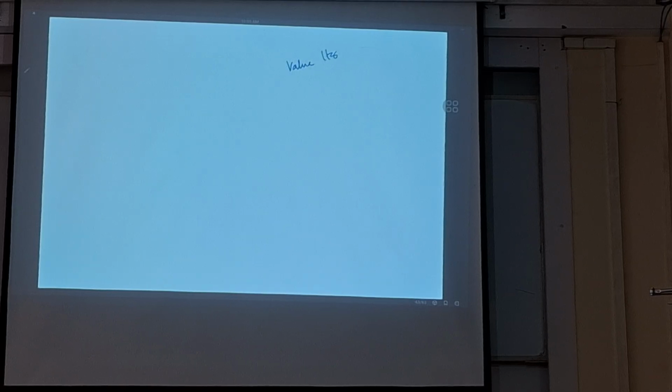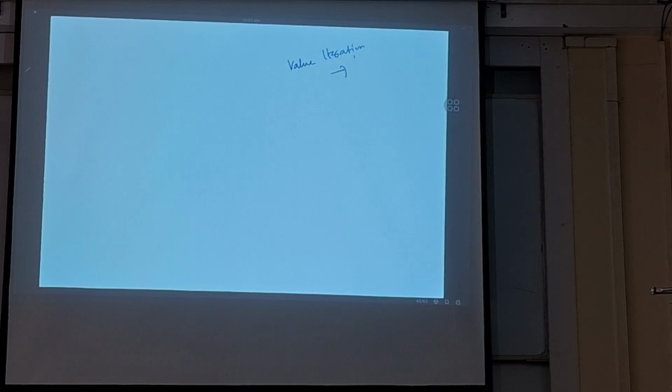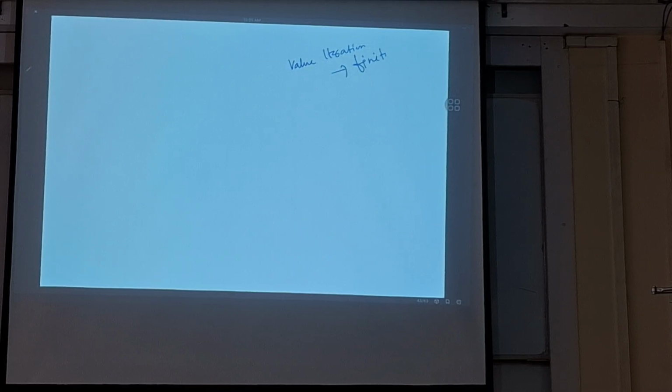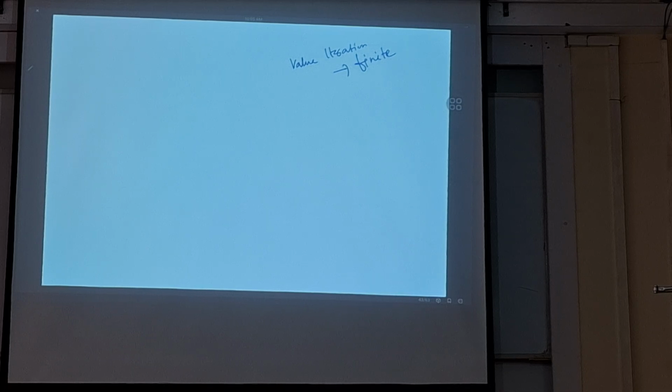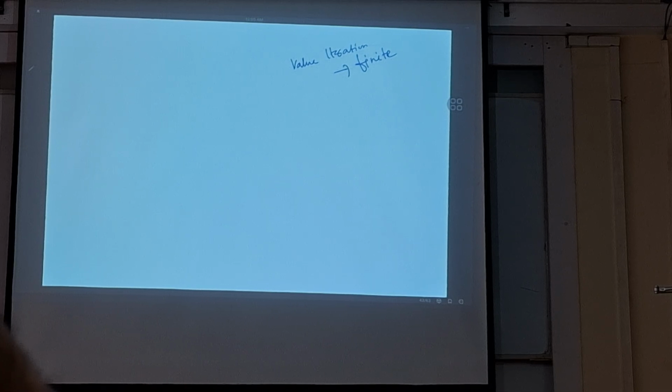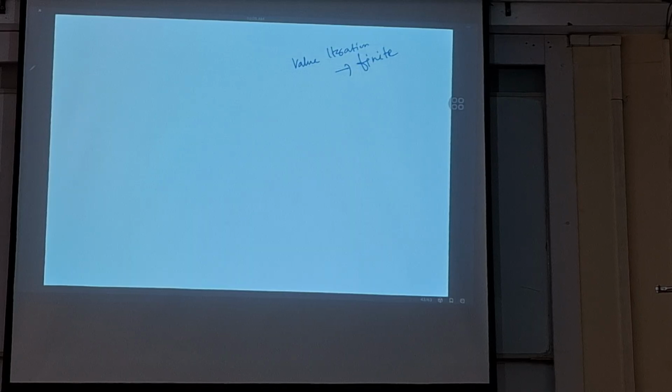In case of a value iteration method, we have a finite horizon. That is, the number of stages the process will move on is finite: 5, 10, 100, 200.